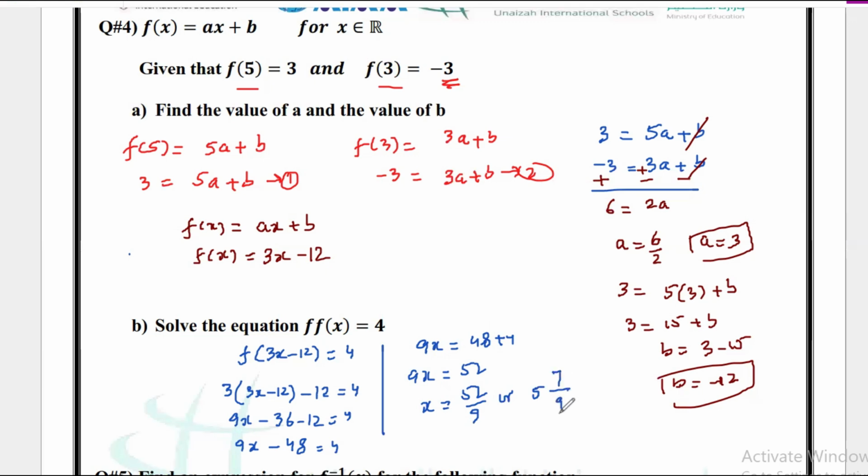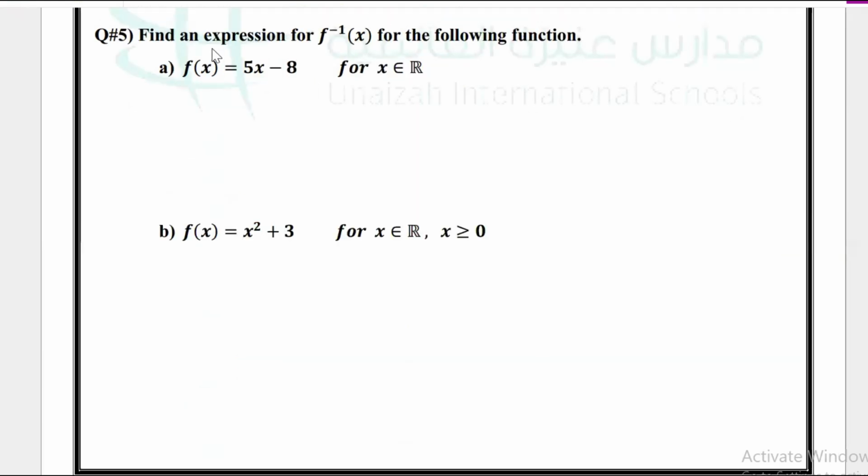Next, question number 5. Find an expression for f inverse of x for the following function, where f of x is 5x minus 8 and x belongs to the real numbers. So this is basically your domain. As we are looking for the inverse function, I will follow 3 steps. The first step is we always write y in place of f of x.